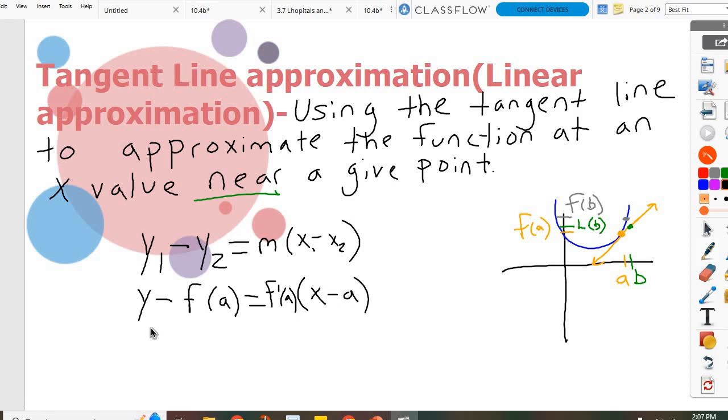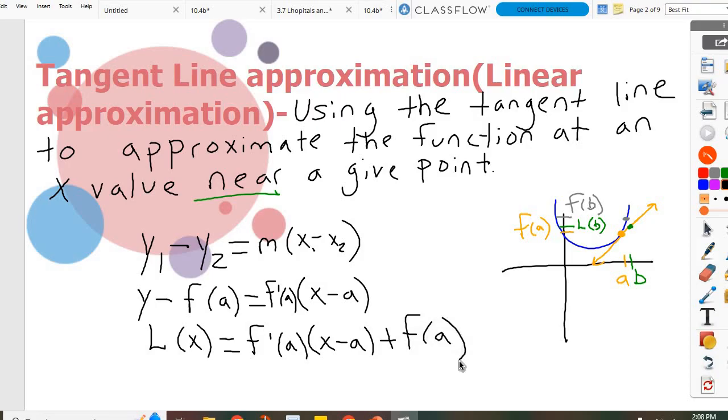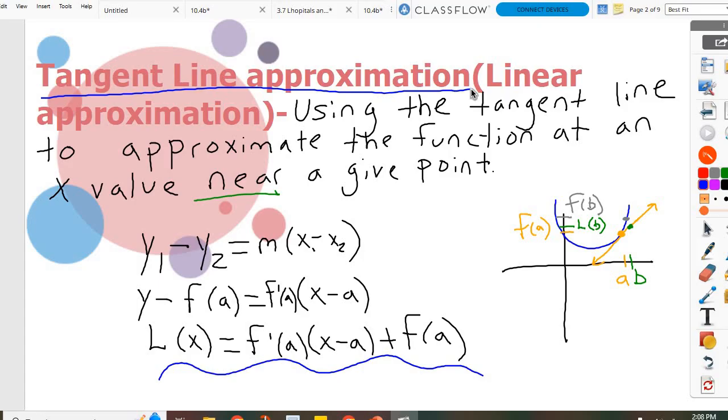And we write that linearization as L of x equals all of that stuff, and then we're just going to move f of a to the other side. And this is what we call our linear or tangent line approximation.